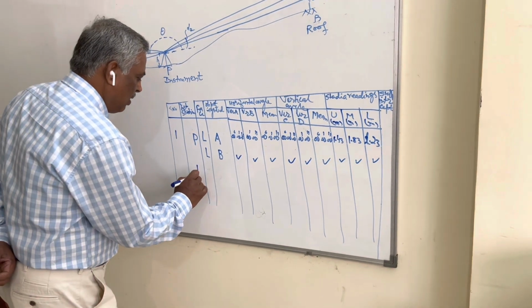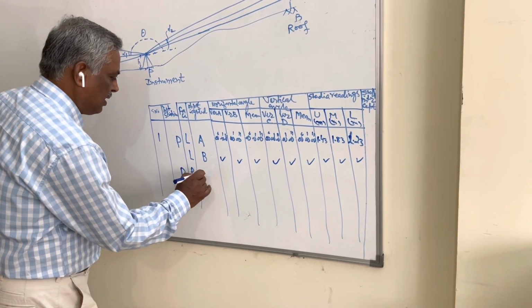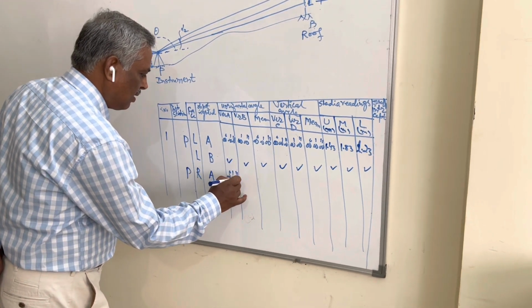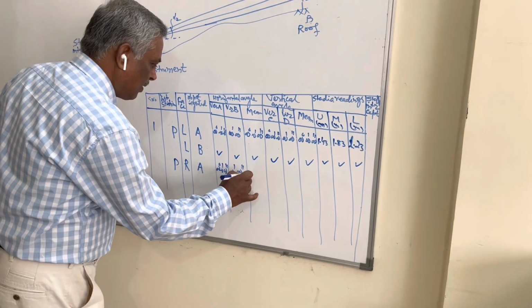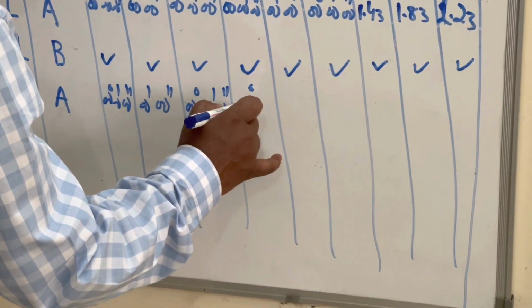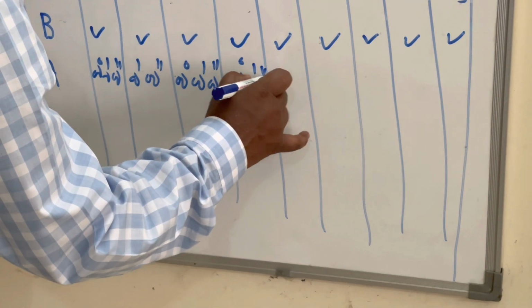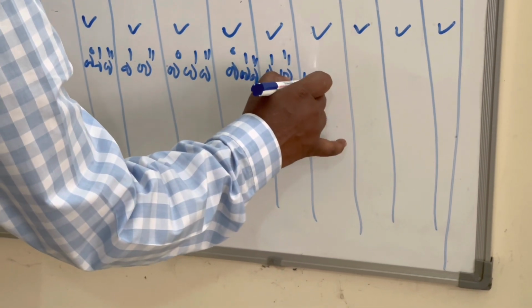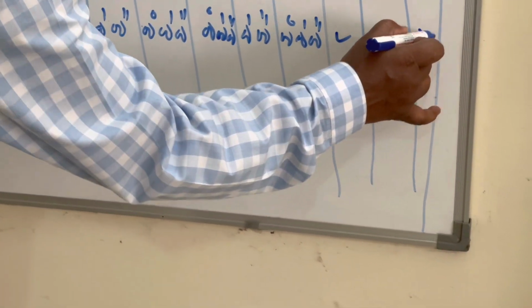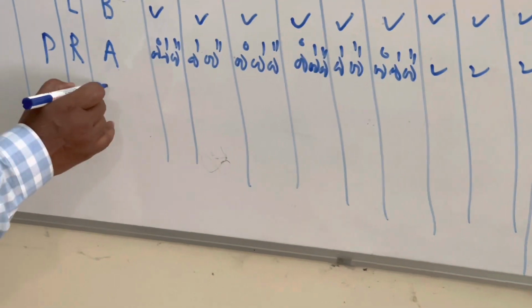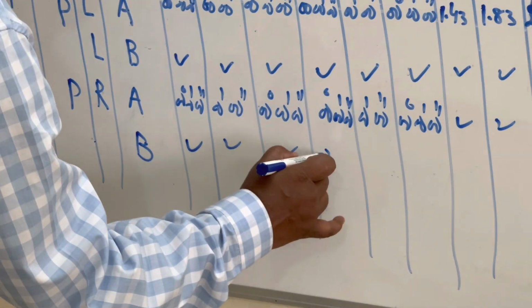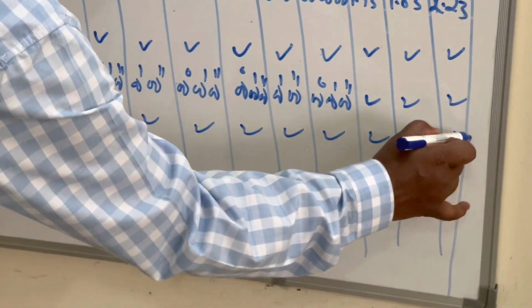Similarly, from P in the face right, you again repeat it. And you record the readings. I am going for the station B and you record these readings. All the readings will be recorded.